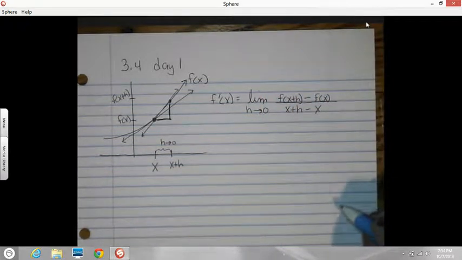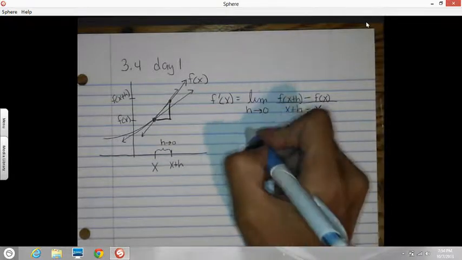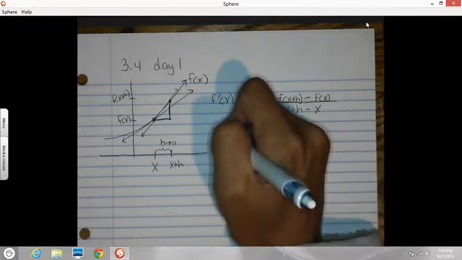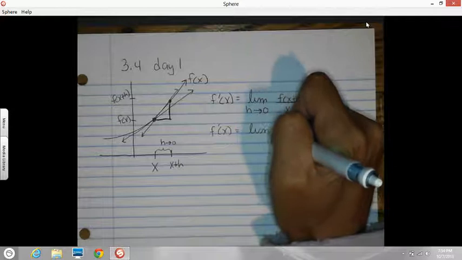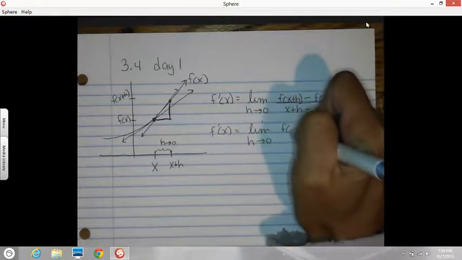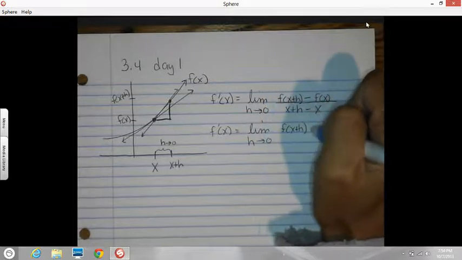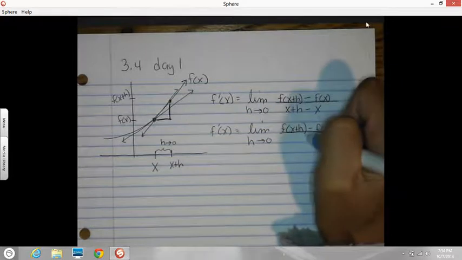The only simplifying you can do is that your x's cancel each other out. So your derivative equation that you're going to be using today is the limit as h approaches 0 of f of x plus h minus f of x, all over h.